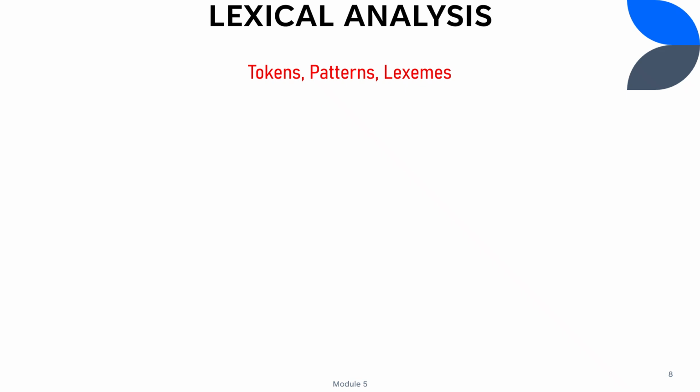In other words, whenever a lexical analyzer is designed, it will be provided with regular expressions. Using these regular expressions, the lexical analyzer can distinguish the identified characters into appropriate lexemes.